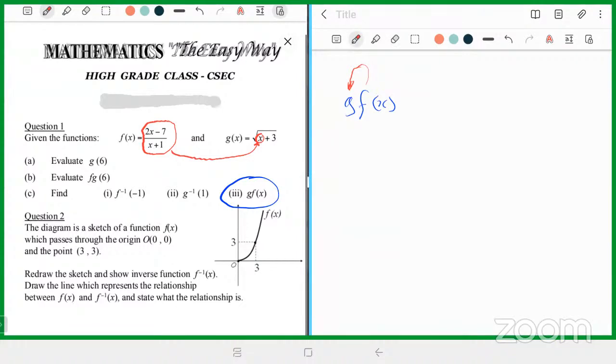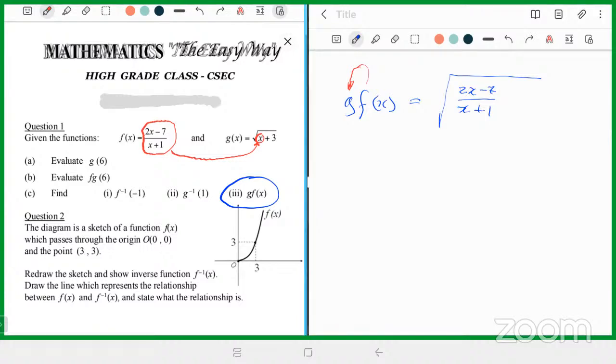All right, so this becomes equal to putting back the square root. Everything must be under the square root. Where the x is, I'm putting all of f there, which is 2x minus 7 over x plus 1. This is where the x was a while ago here. It's no longer there. I've replaced it with all of f.